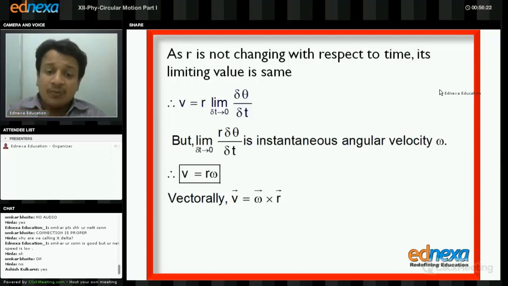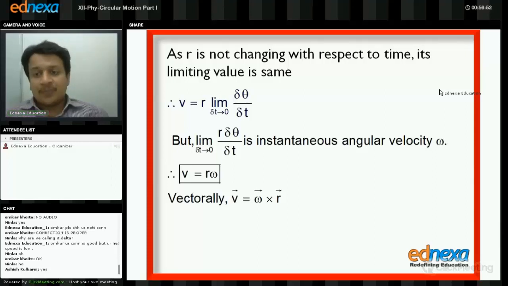So the formula will become V equal to r omega. This is the formula for velocity. What is the formula for velocity? V equal to r omega. In vector form, vector v is equal to vector omega cross vector r.